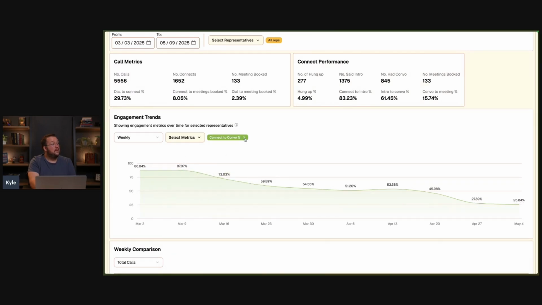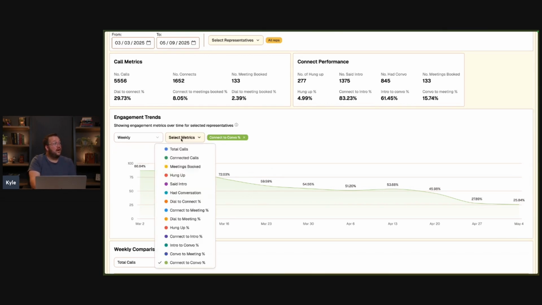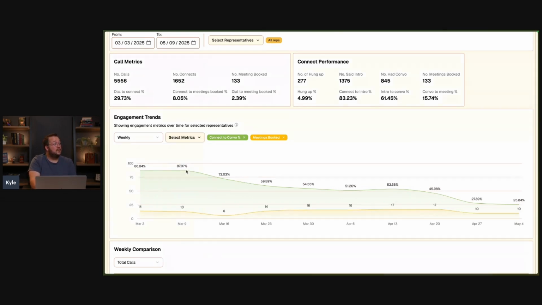Sorry, this is connect to convo, not connect to meeting. I was misspeaking. I was wondering why that number was so high. This is so of the people that you connect with, what percentage of them have a conversation? And then you look and you go, okay, well, what about meetings booked? And then you look at meetings booked here too. And you can go, interesting, as the connect to conversation goes down, meeting booked, they kind of collide with each other.